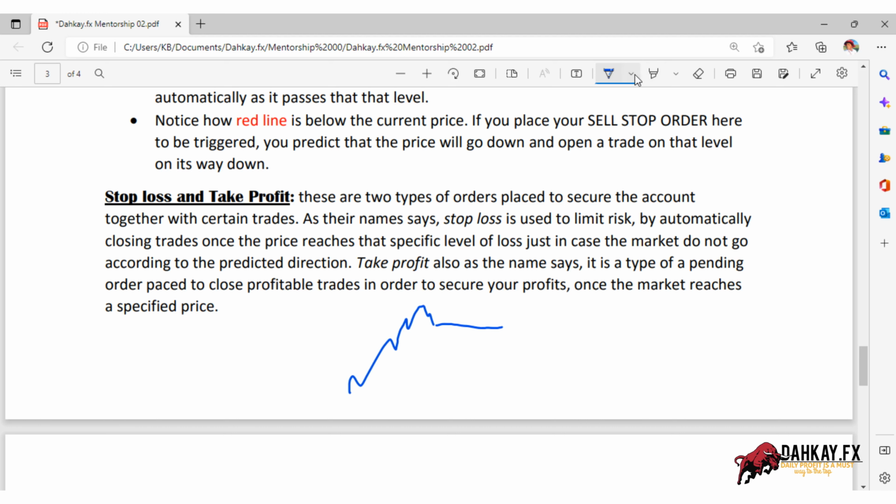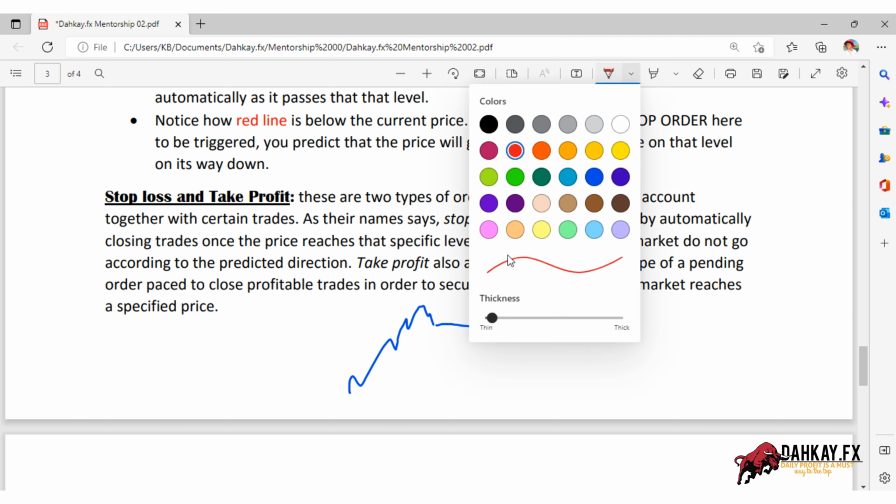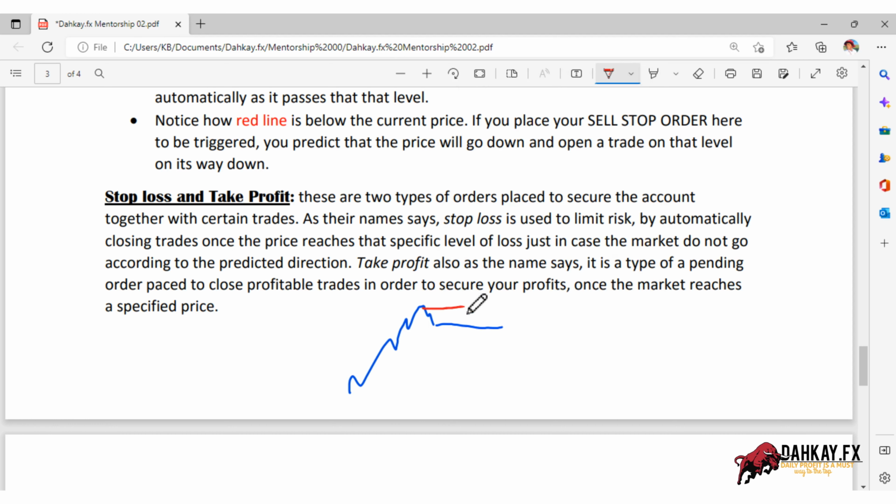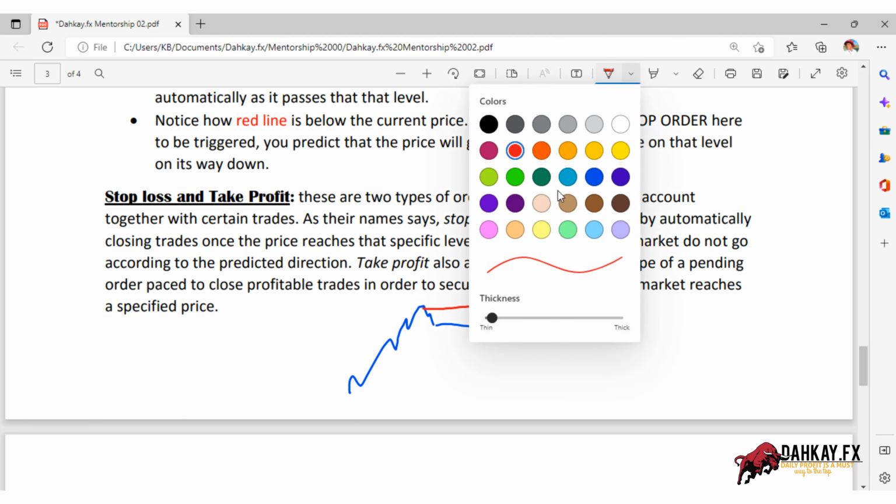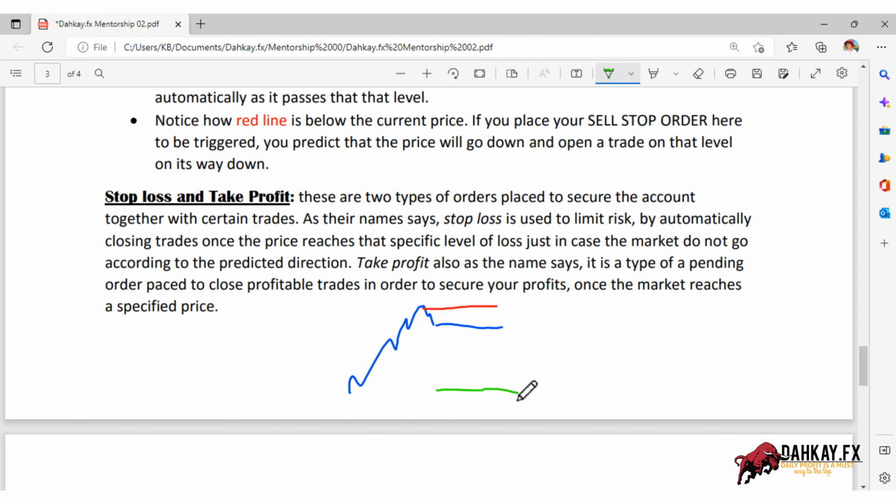So your stop loss will be above this trade, just in case the market returns here and goes back up, and your take profit will be in the direction of your current trade. This is the zone whereby you want your profits to be closed.